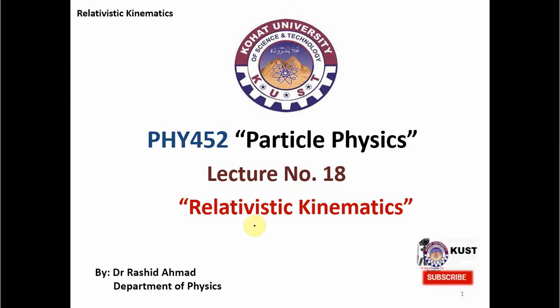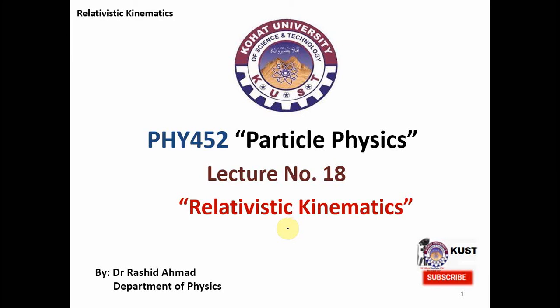As we know that the special theory of relativity plays an important role in every field of physics, it also plays an important role in particle physics. So, in this lecture, we will develop not only the basics of special theory of relativity, but also a new notation, that is 4 vectors notation.